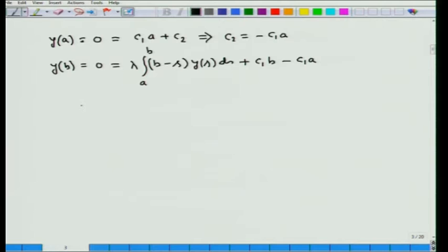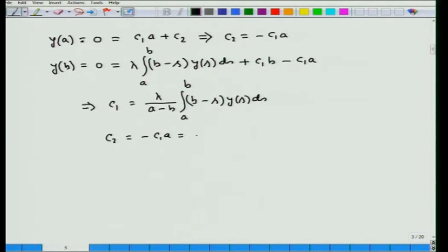Therefore, from this expression we find that c1 equals lambda divided by (a minus b) times the integral from a to b of (b minus s) y(s) ds, and then c2 equals minus c1 a, which is minus lambda a divided by (a minus b) times the integral from a to b of (b minus s) y(s) ds.